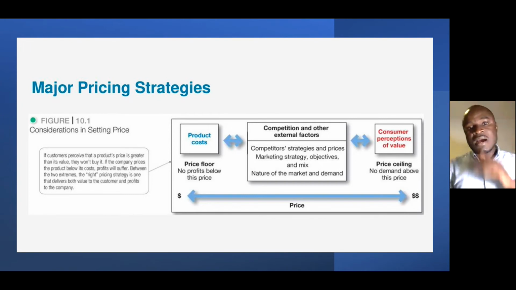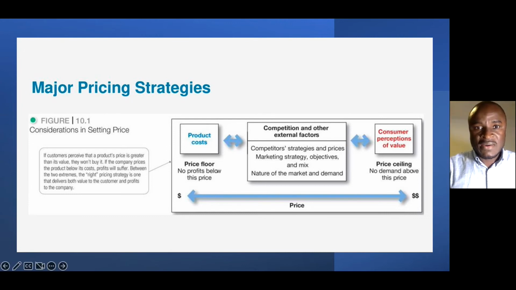So to come back to the board that we have right here, as you can see, your product cost. What you call the price floor is, let's say, no profit below that particular price. It means you have a certain price which is the bottom line. If you go below that price, you are going to lose money.